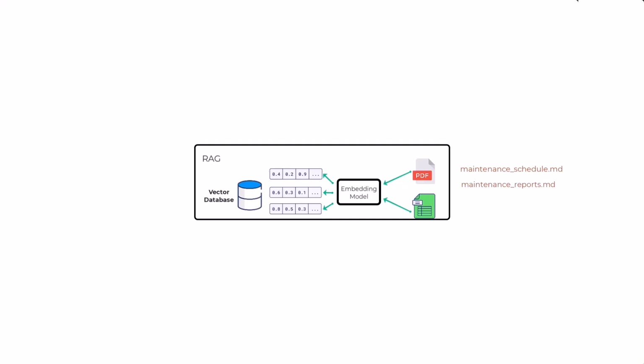Now, I'm using markdown files for easy editing during the demo, but in production, this could be CSVs or PDFs or any format from your maintenance systems. For our embedding model, we have two options. We could use a cloud API like OpenAI's embeddings, but for this demo, I'm going to show you how to run the embedding model locally. And for storing our vectors, we're using Chroma, which is an open source vector database.